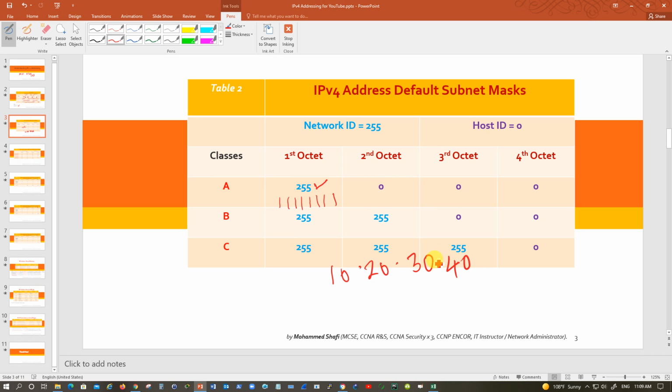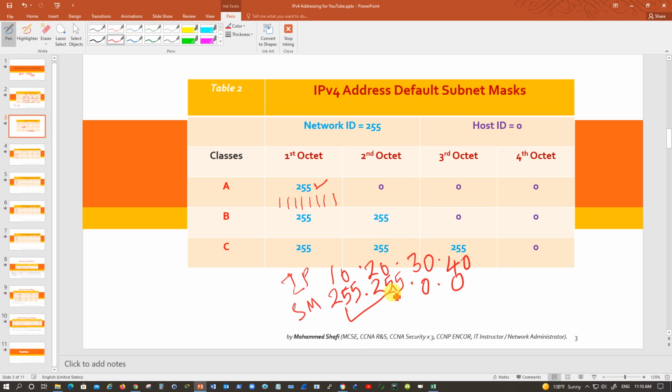If this is an IP address, irrespective of any class, I want to tell my PC that in this IP address I have reserved 2 sections or 2 octets for network. I will write down my IP address like this. IP address will be this, subnet mask will be this. This is IP, this is subnet mask.